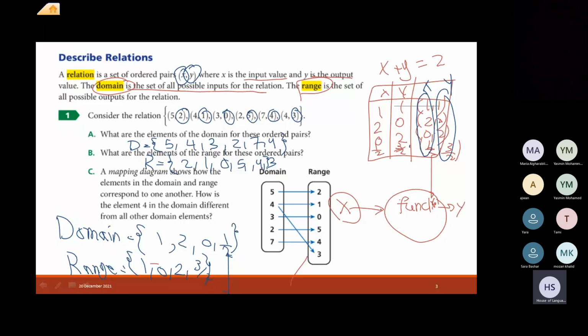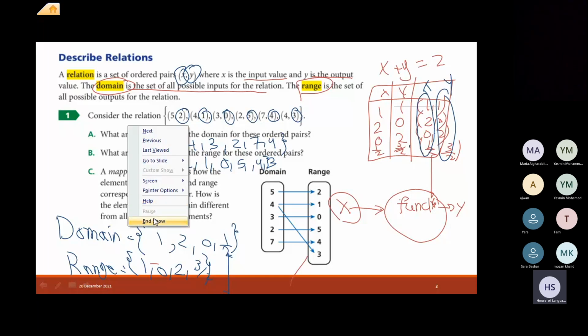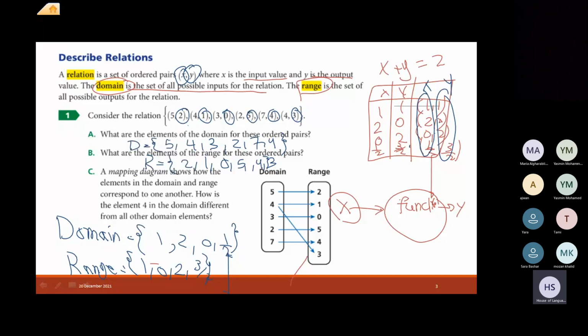Later on we'll talk about the mapping. Do you have any questions? Okay. Teacher, I know the relationship. Yes, bravo. خلصنا كل شيء.